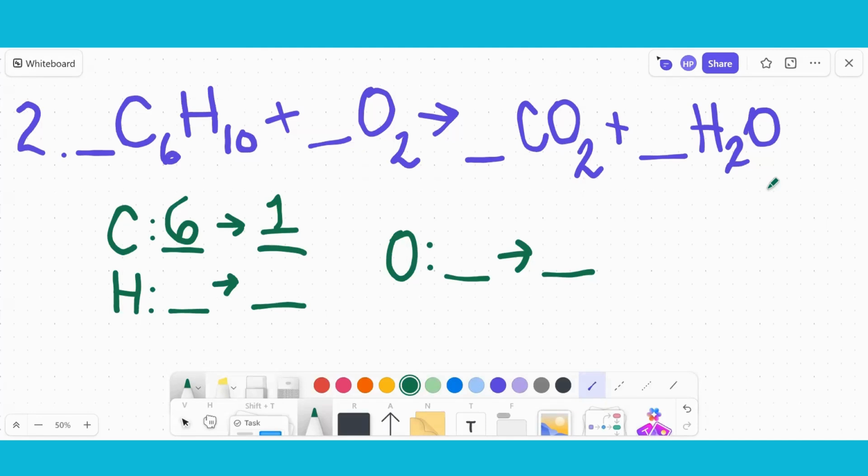On the left, we have 10 hydrogens, and on the right, we only have 2. On the left, we have 2 oxygens. On the right, there are 3 because there's 2 in the CO2 and 1 in the water. We add these because they're separated by this plus sign, and 2 plus 1 is 3.